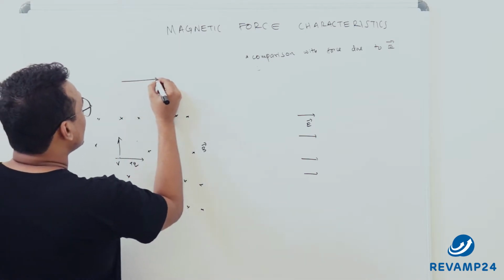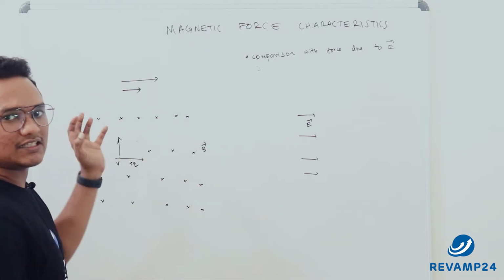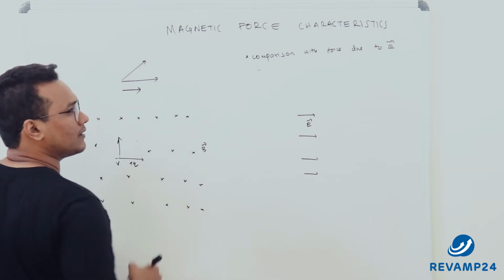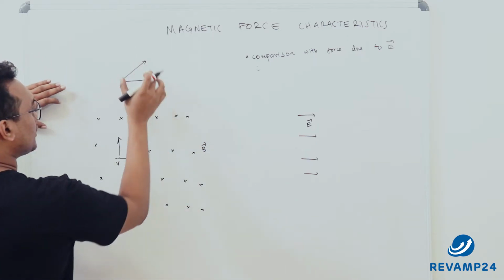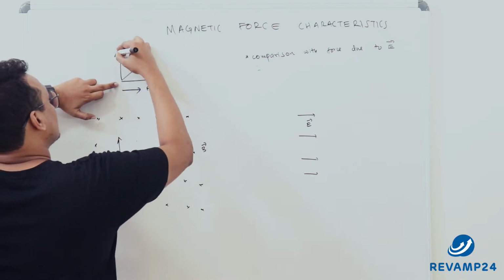If force is in the direction of velocity, it will accelerate and velocity will increase. Let's say I have a force in this inclined direction. This force can be split into two rectangular components: F cos theta and F sin theta.